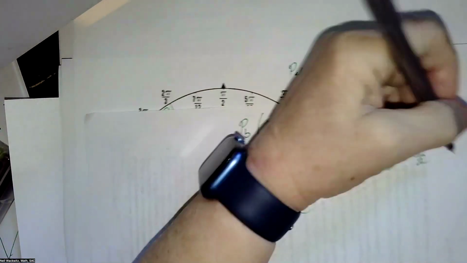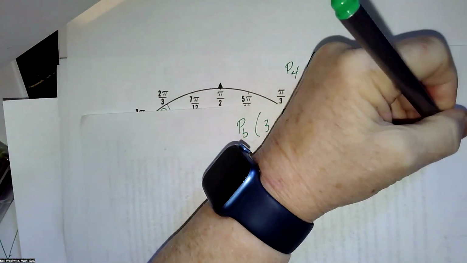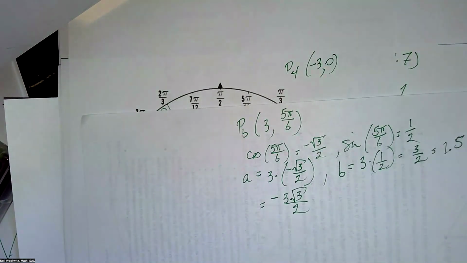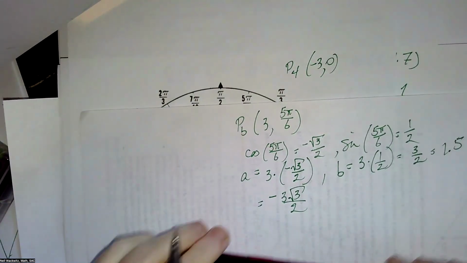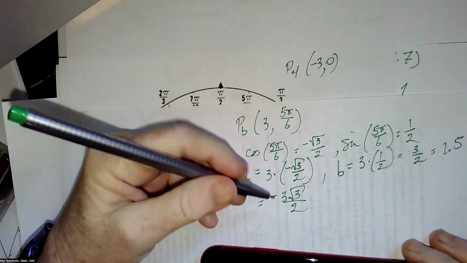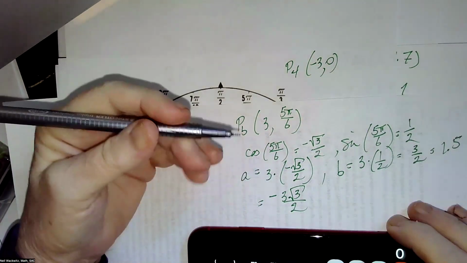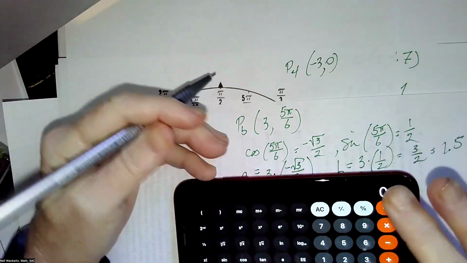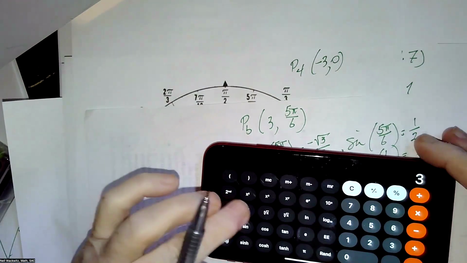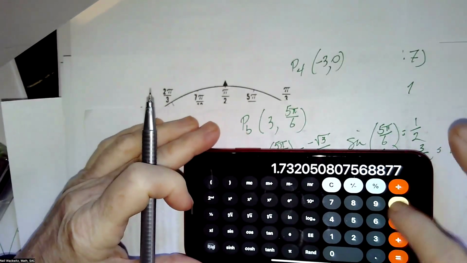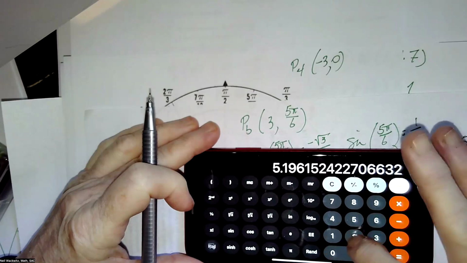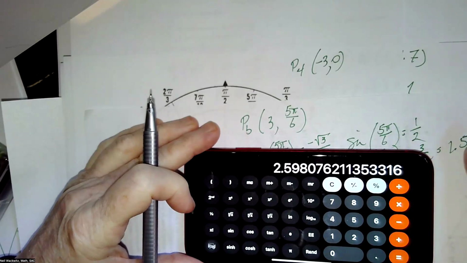Well, I know that 3/2 is 1.5, but I'm not sure at all what 3 square root of 3 over 2 is. So let's see. 3 times square root of 3 divided by 2. So it's negative 2.6.